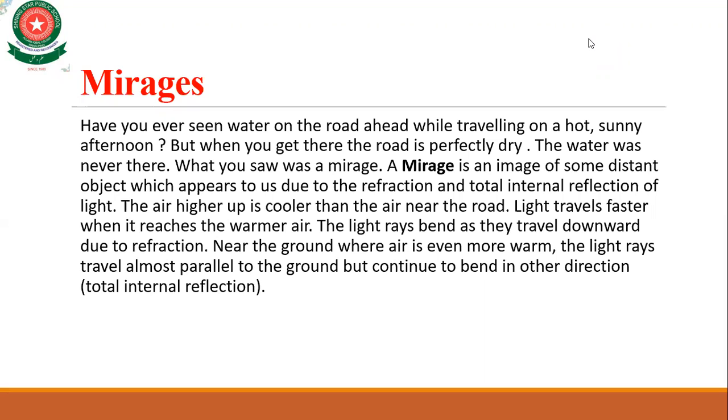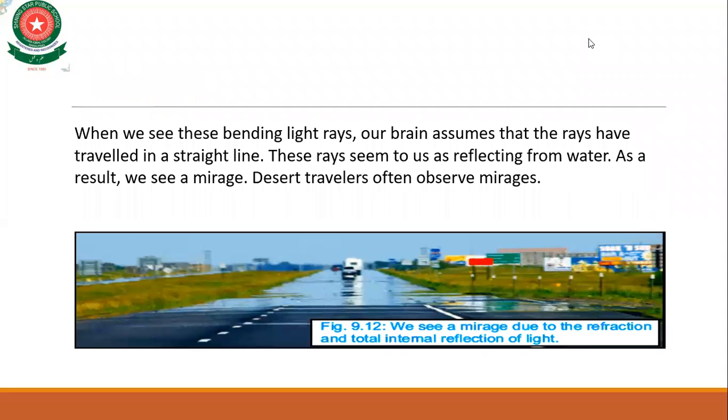Now the air higher up is cooler than the air near the road. So light travels faster when it reaches the warmer air. The light rays bend as they travel downward, near the ground where air is even warmer. The light rays travel almost parallel to the ground but continue to bend in another direction. That is the phenomenon of mirage.